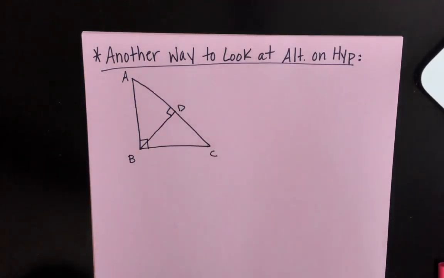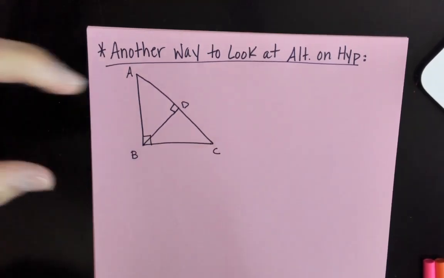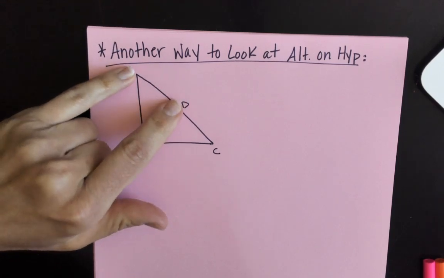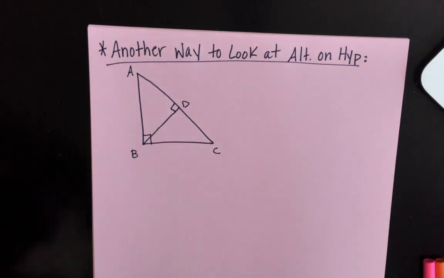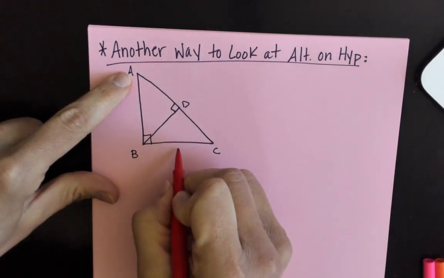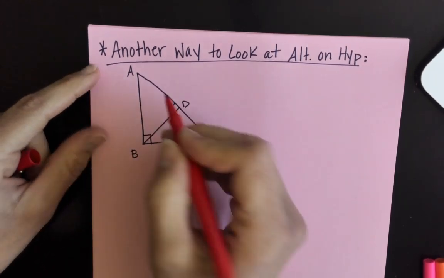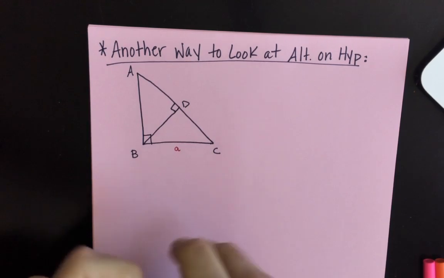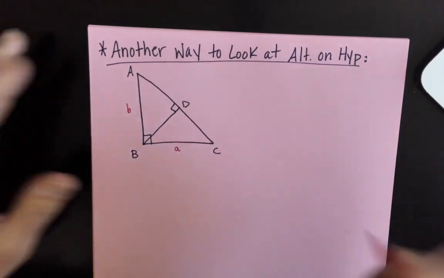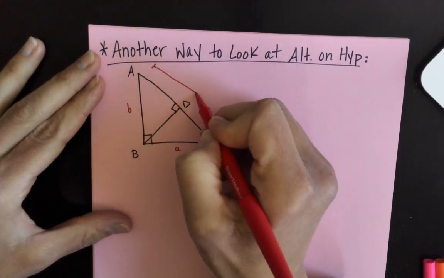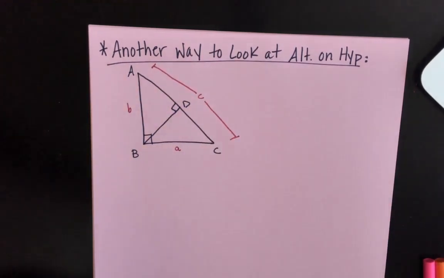The difference is, instead of talking about segment AB and segment BC and segment BD and segment AD and CD and AC, we are going to label opposite A lowercase a, opposite here, we're going to keep consistent with the Pythagorean theorem. So here we're going to go ahead and just name it B. So A and B for Pythagorean theorem. You're going to see our Pythagorean theorem type idea, A squared, B squared, C squared. That makes sense.